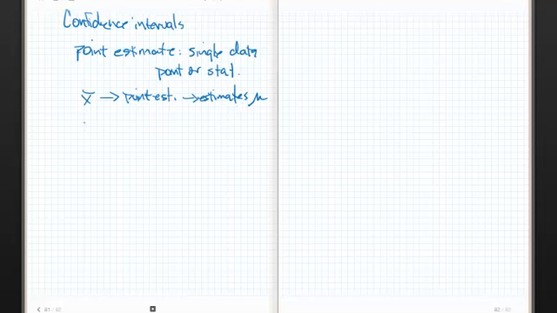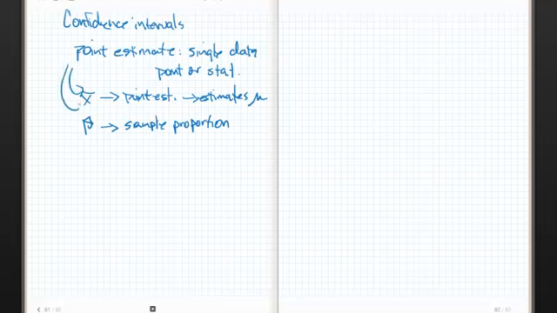Other examples of unbiased estimates are things like p hat, our sample proportion. Remember, this is an unbiased estimator because it too accumulates around a true population proportion. It is also a point estimate.